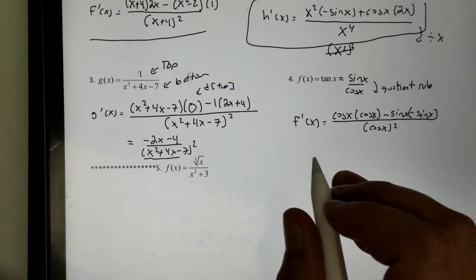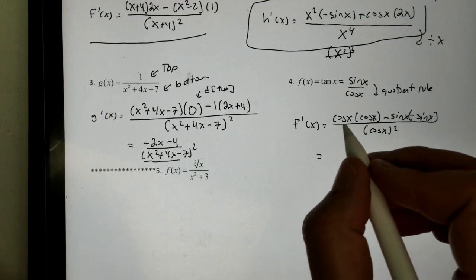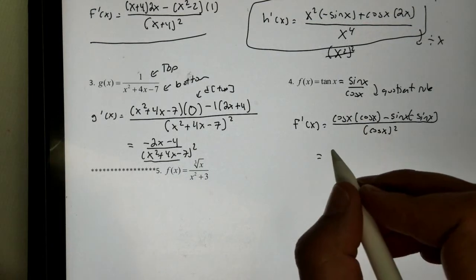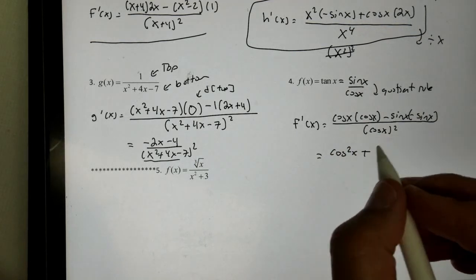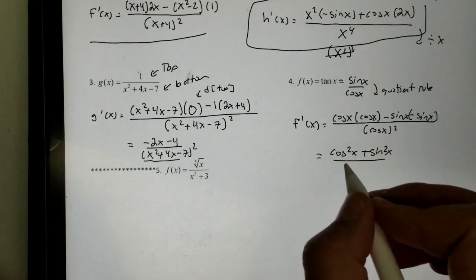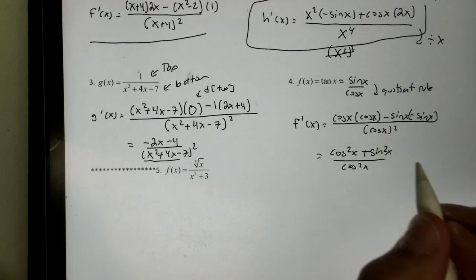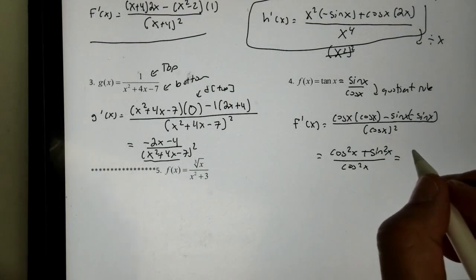Now, we can leave it like this, or we can do a little bit of algebra here. You might remember last year that this becomes on top just cosine squared of x, plus, the two negatives here become plus sine squared of x, over cosine squared of x. So from last year in pre-cal, you should remember that the top here is just going to equal 1.